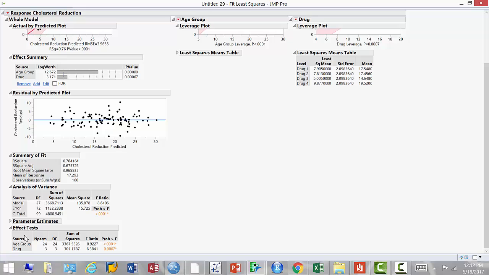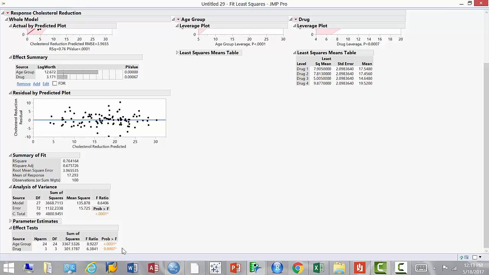I'm studying the effect of factor A, that would be drug, and I'm studying the effect of factor B, that would be age and weight. So how many p-values do I need? I have 2 hypotheses, for factor A and factor B, so I need 2 p-values. Look at the bottom. Age group is my factor B and drug is my factor A. So here is my p-value for the factor A, drug. What does it say?